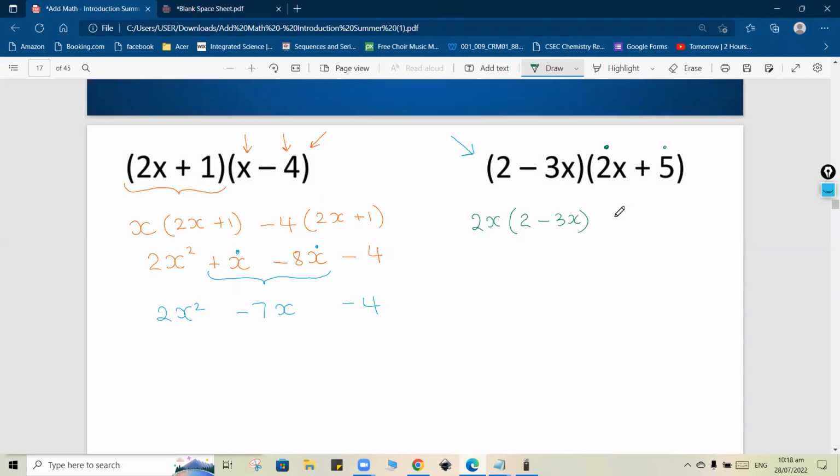Then take the 5, well, here's positive 5. Make sure and write the sign. And multiply it back by the first bracket. Okay? Take your time now. I'm going to keep reminding you because it's easy to forget. When you multiply 2 x's, you get x squared.